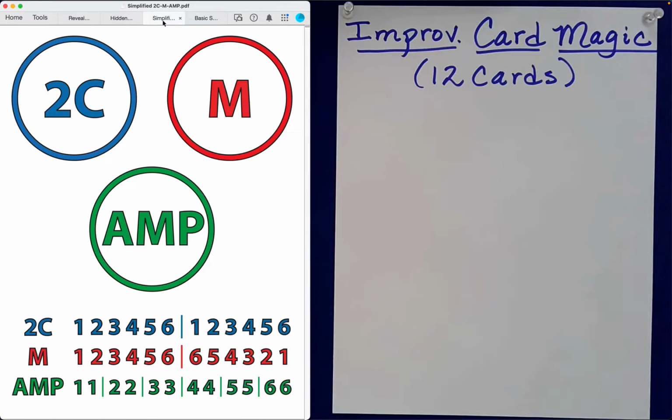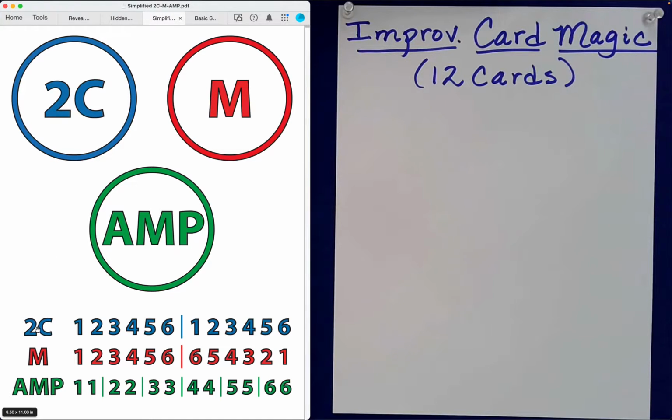So learning just these 3 will quite honestly give you a lifetime of fun, interesting, and mind-blowing card effects that you can play with, design your own, and perform them for family and friends. The particulars of the 3 structure types are found below at the bottom of the screen.